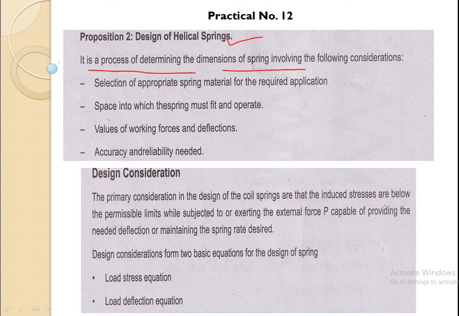In the same way, when we go for the design of a helical spring, we have to determine its dimensions. Already we have seen the different dimensions of the helical spring: free length, solid length, diameter of wire, coil diameter, stiffness of the spring, load applied on the spring, and energy stored by the spring. These are the dimensions that we have to determine while designing a spring.